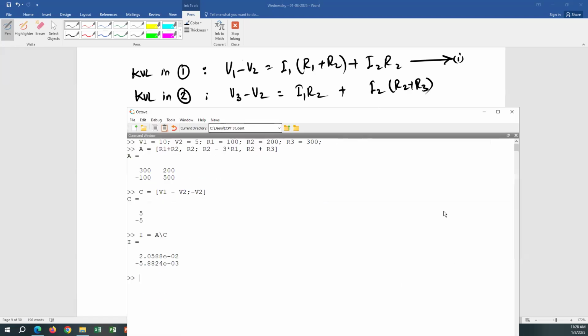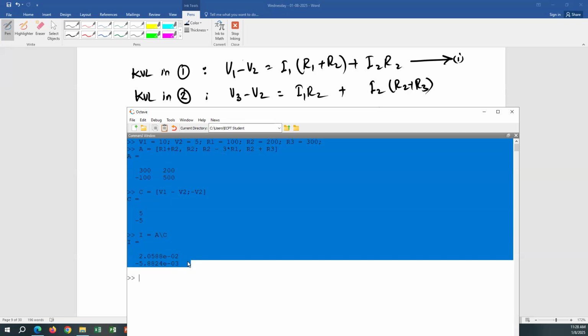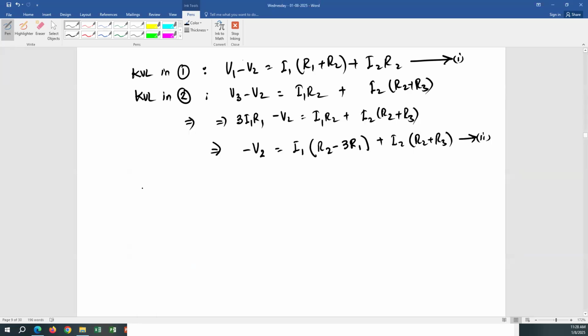My two currents: 20.58 milliampere and negative 5.88 milliampere. Let's copy it and put it down here.